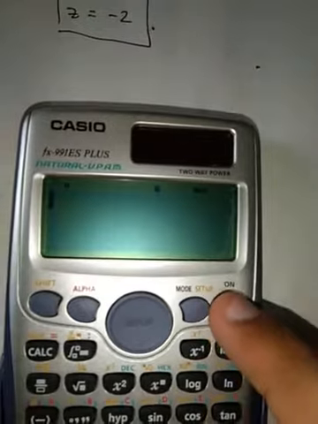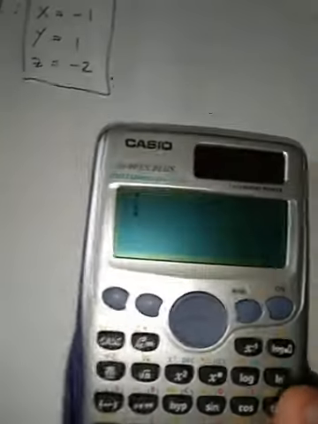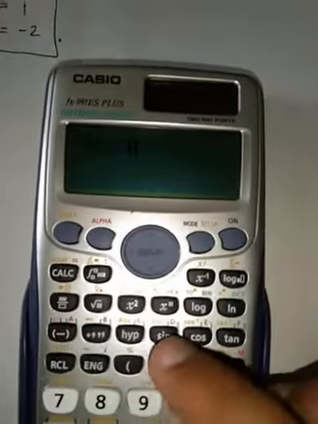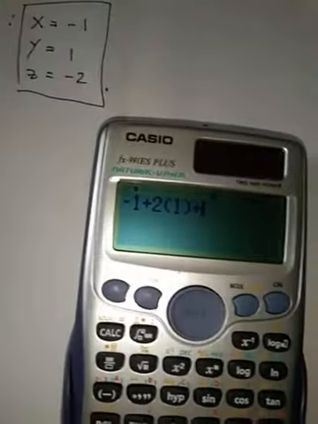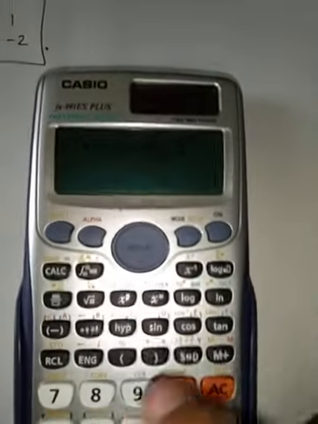Now, let's say x is negative 1 plus 2 times y, which is 1, plus 3 times z, which is negative 2.